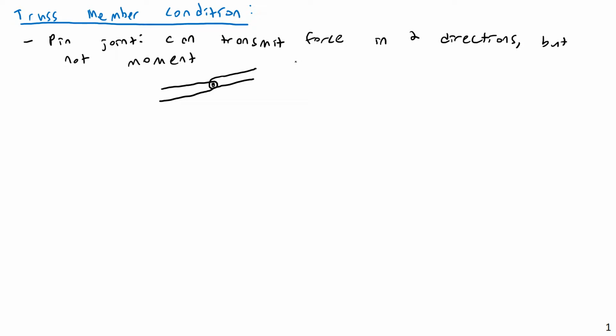If I pull here and I pull here, they'll be able to transmit that force between them. Or if I push up on this one here, then this one will also be pushed up as well. This joint is able to transmit force in two directions. But if I grab this and try to rotate, this joint will simply rotate freely, and the pin joint will not transmit any moment through it. But it can transmit translational forces in two directions.